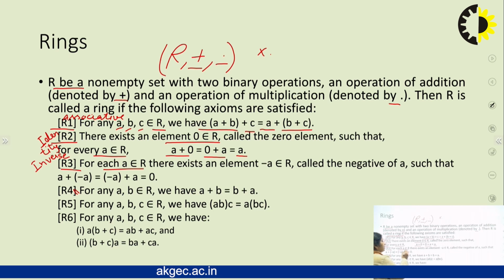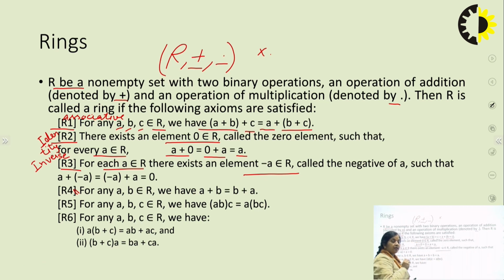For each A belonging to R, there must exist an element minus A belonging to R. It means the negative of A, the additive inverse. It means that A plus negative of A should be equal to negative of A plus A, which is equal to 0. So this is the inverse property with respect to the addition operation.